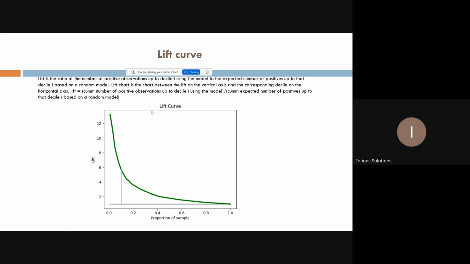It's more like how much lift you are getting by using the model: what percentage of events you are getting in the first decile by using the model, divided by what percentage of events you are getting without using the model. Is it clear?